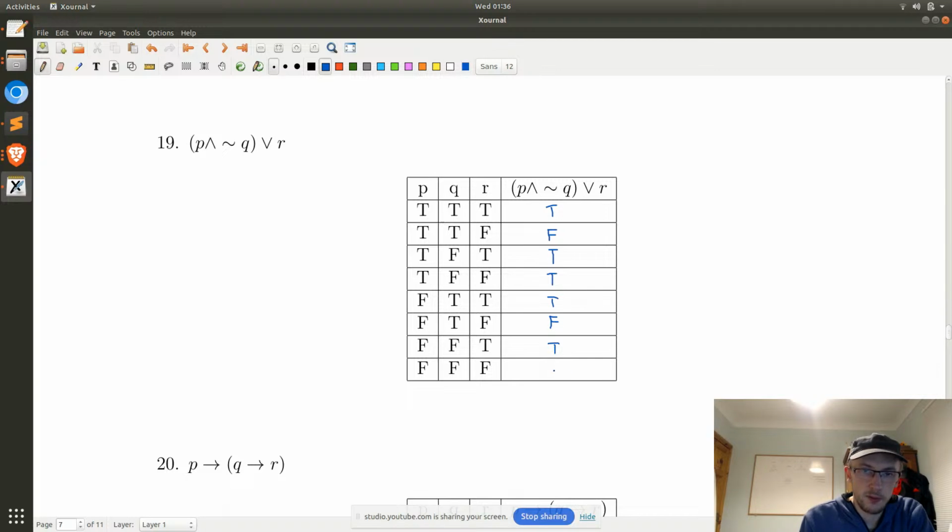And then false and true. Well, that's false, and therefore the whole thing is false. Okay. Open brackets P and not Q, or R.